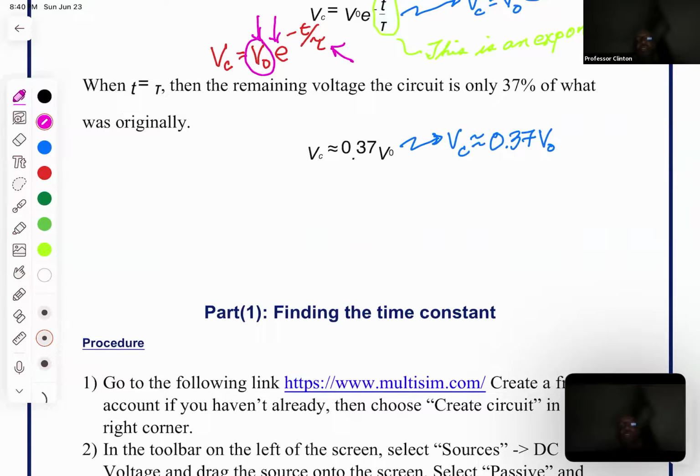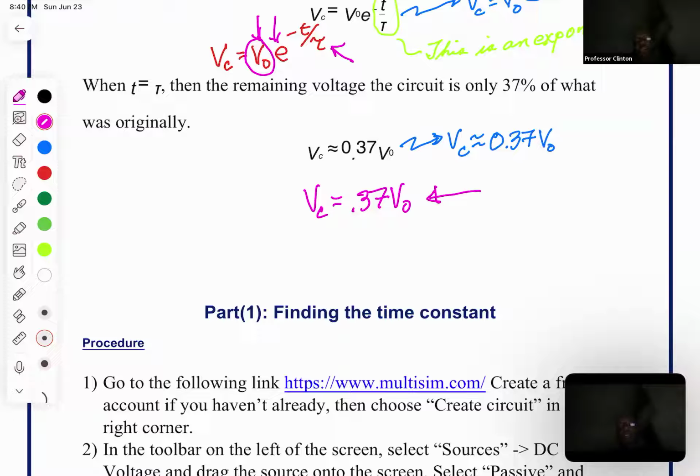Let's look at this one real quick so you can get an idea of what's going on. In this scenario, you have 37% of your initial voltage. So at some point in time, you're going to get down to 37% of your initial voltage.